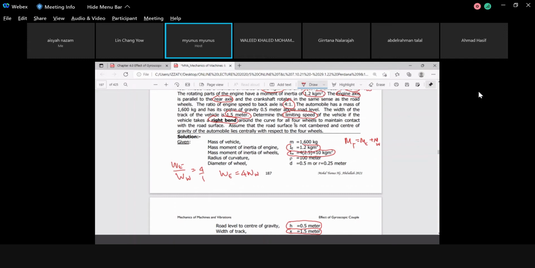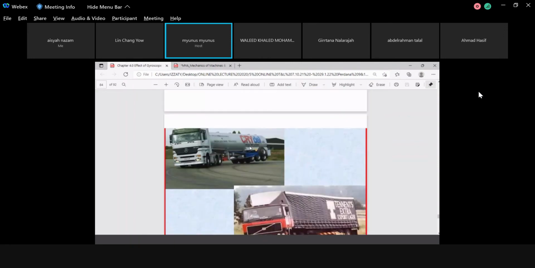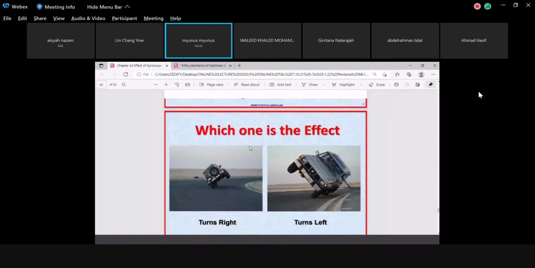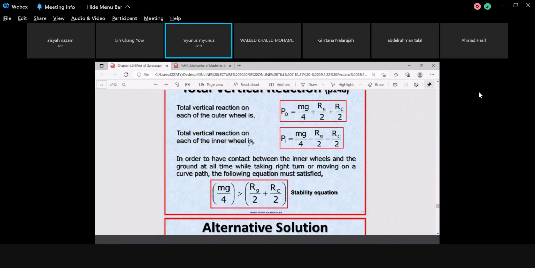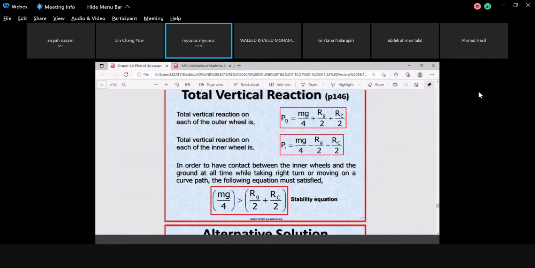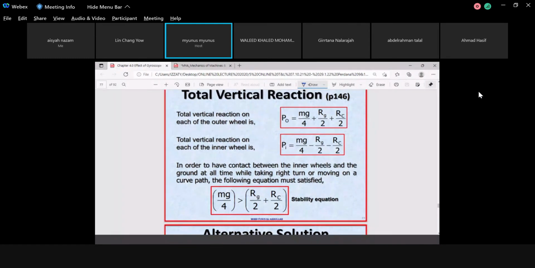If you go back to the equation, the stability equation is given by the equations of statics and also dynamics. This is the stability equation. This one is due to statics, and this one is due to dynamics. One will be due to the centrifugal effect, the other one is due to gyroscopics. So it's basically static and dynamic.